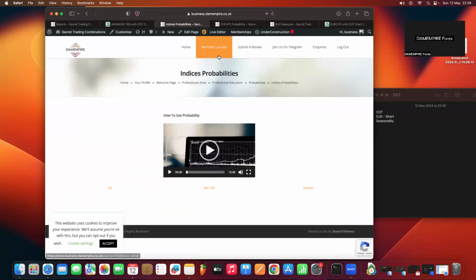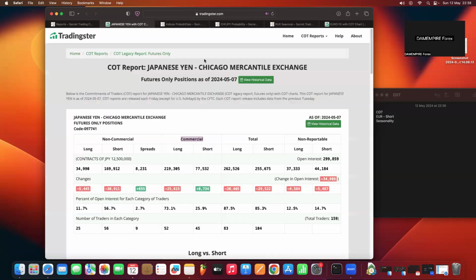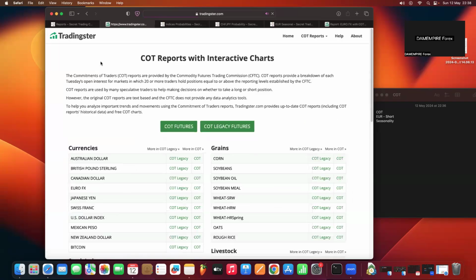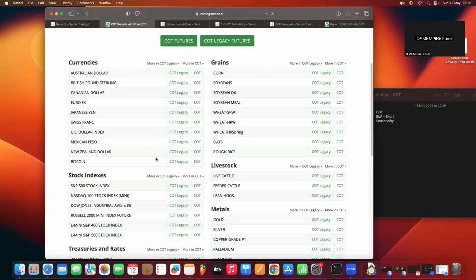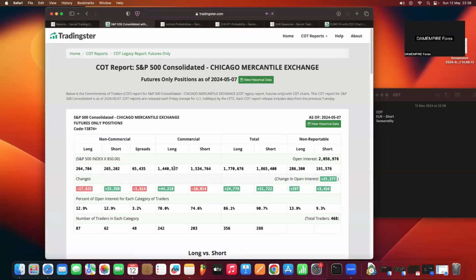So what I can do instead is look at indices. Let's look at that.